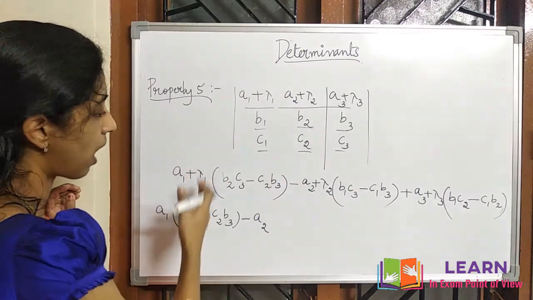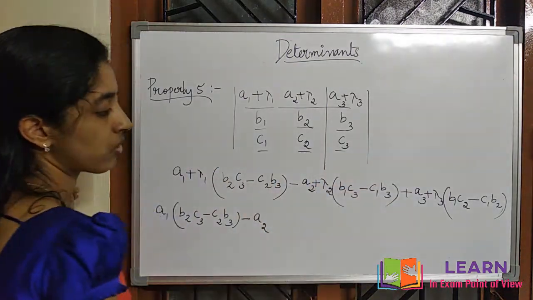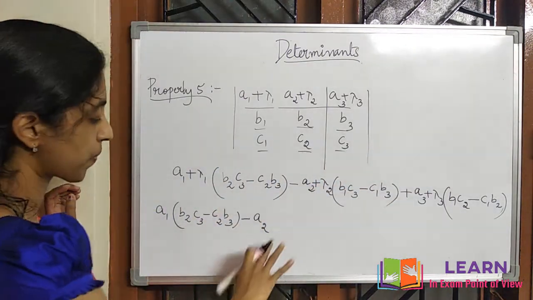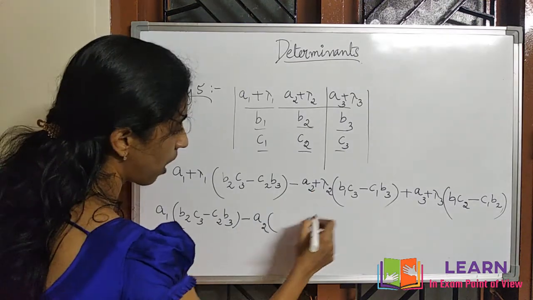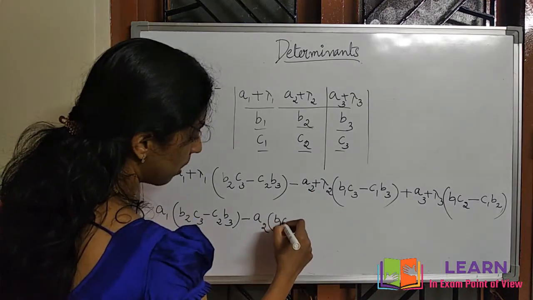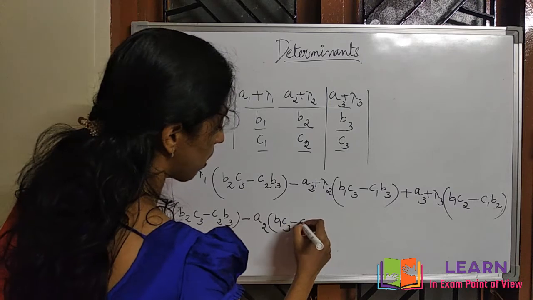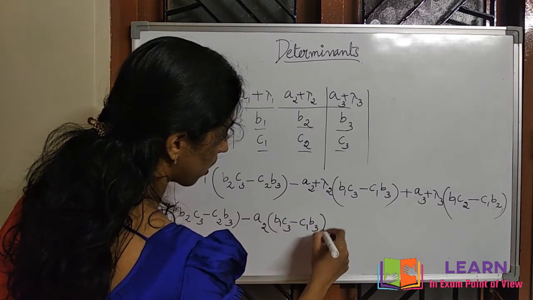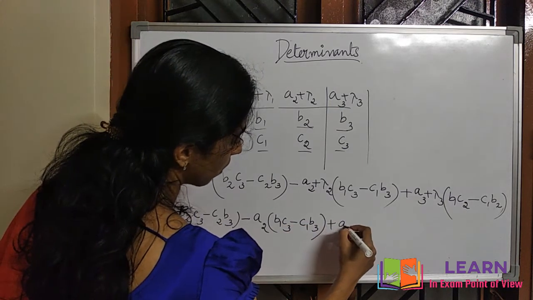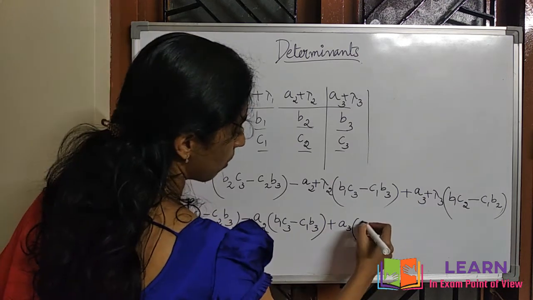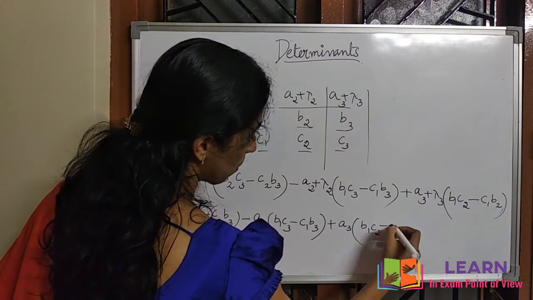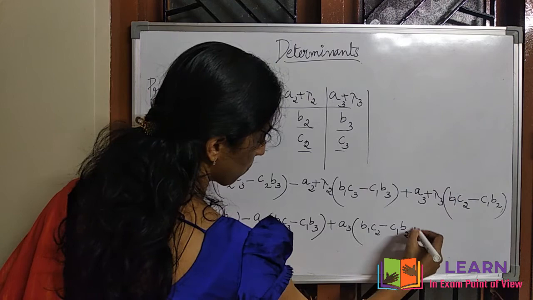Next we can do lambda 1, lambda 2, lambda 3. We are just splitting it. So a2 into the remaining b1 c3 minus c1 b3. Then plus a3 into b1 c2 minus c1 b2.